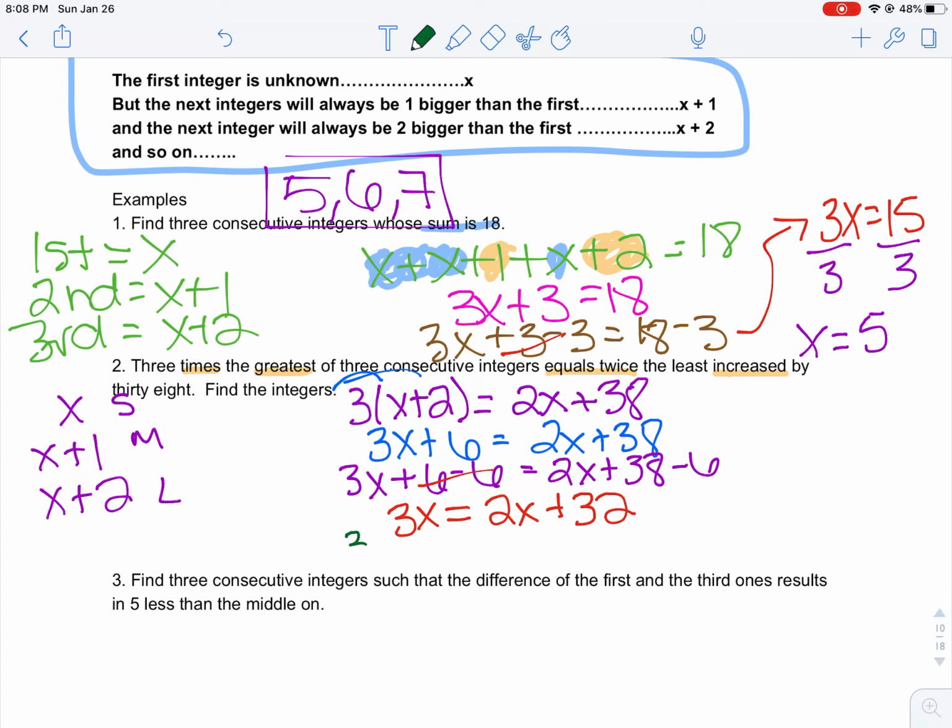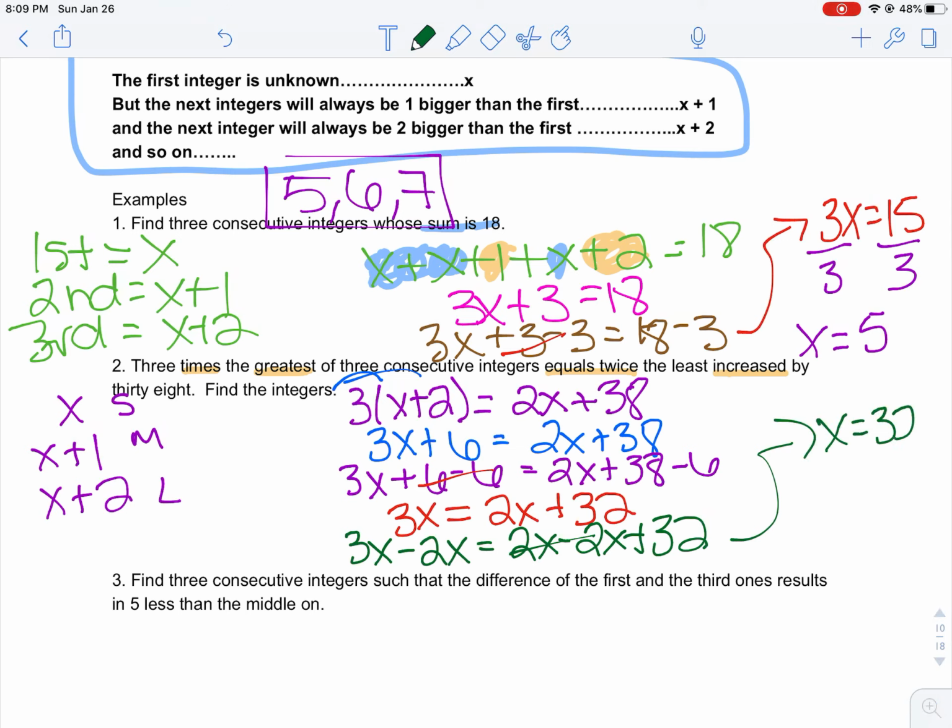And my last step would be subtract 2x from both sides so that the 2x's will cancel. And when I do that, I get x equals 32. So my small would be 32. My middle would be 32 plus 1, which is 33. And then my large would be 32 plus 2, which is 34.